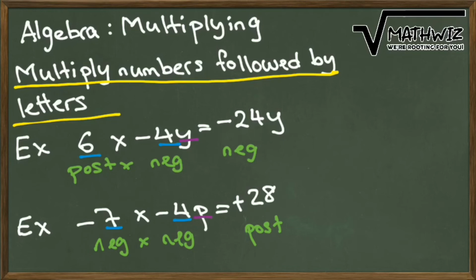And then we have p, which is left over on its own. So the p, not being multiplied by anything, would just be written back. And of course, just like with the previous example, you don't need to put the plus in front. You simply put 28p.